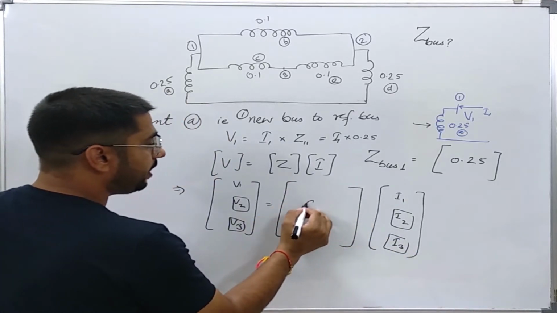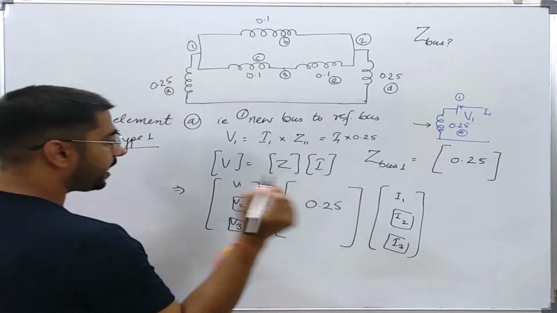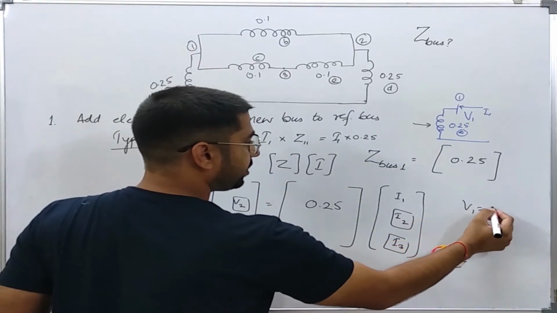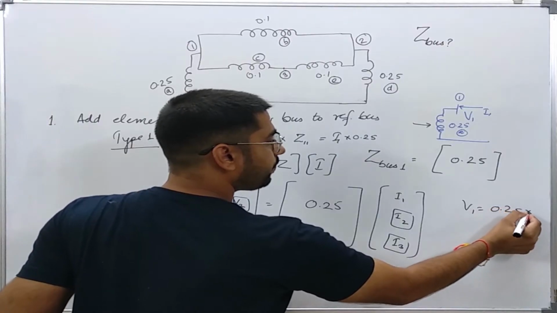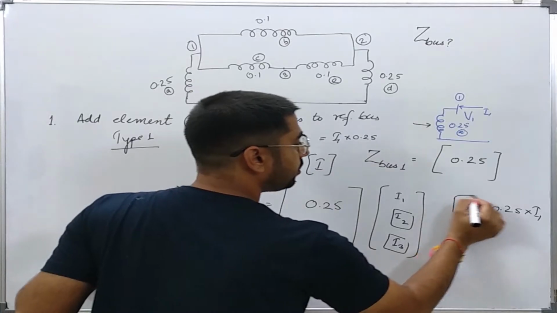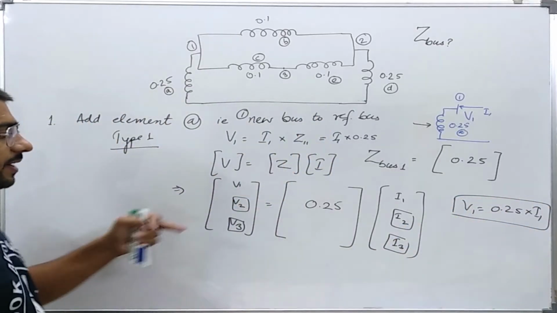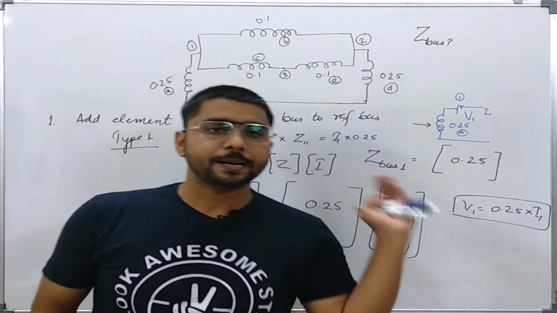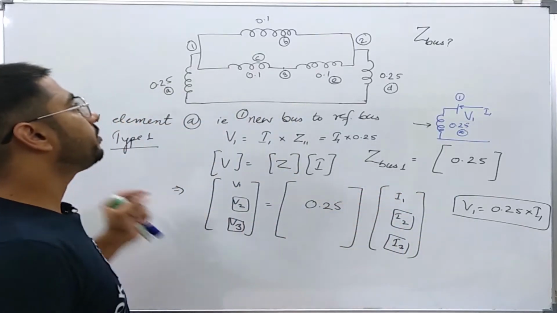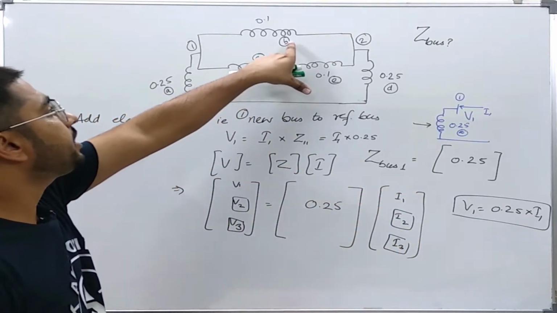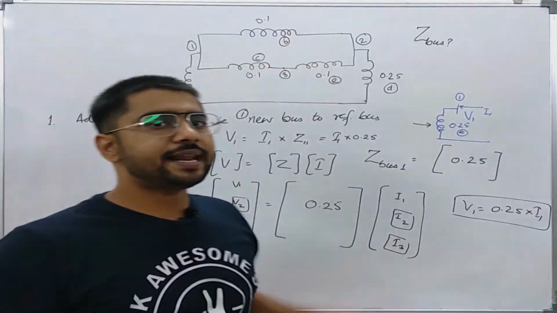Only the element will be 0.25. So V1 is equal to just 0.25 into I1. So this is the bus impedance matrix from step 1. Now in step 2, we will try to add element number 2. Now let us see that in the next slide.